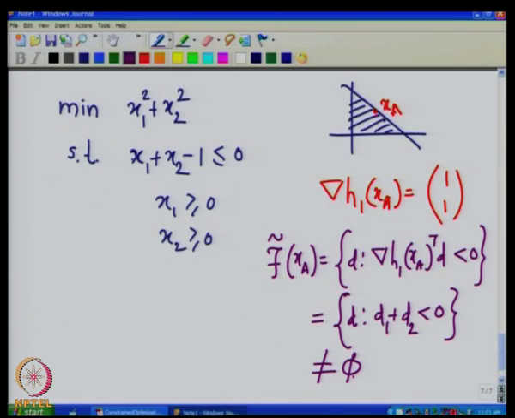So, we were able to get f tilde x a which is not a null set, and clearly we know that x a is not a local minimum of this problem.